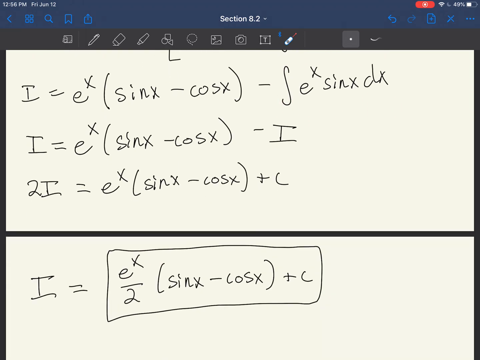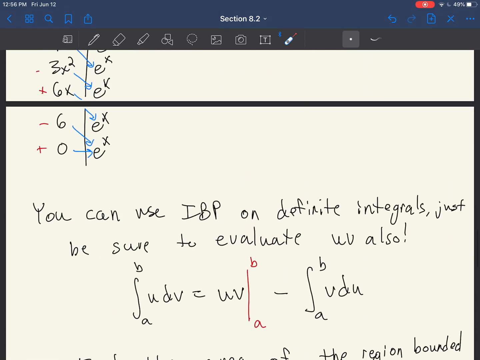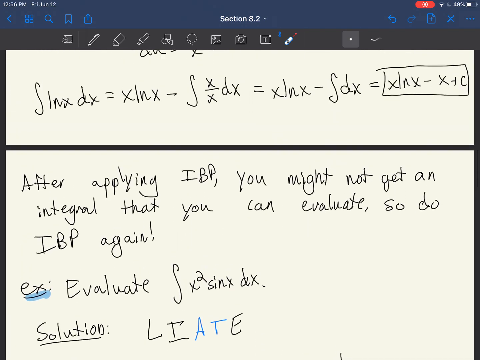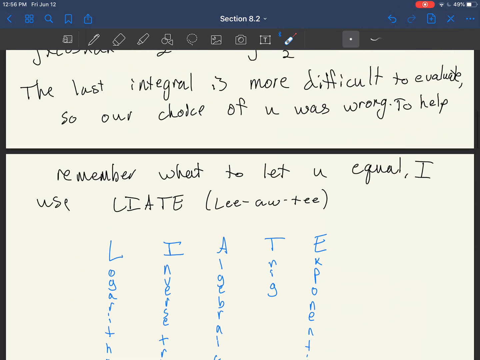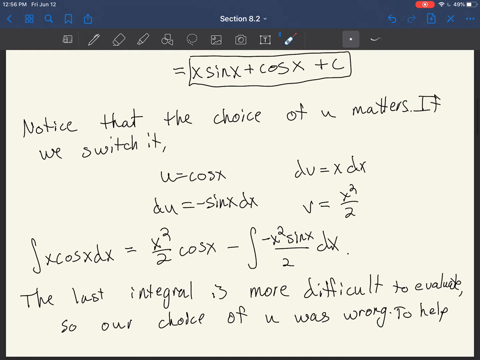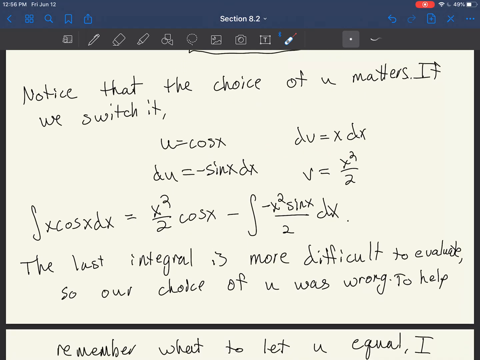Looking back at the very first example that we did, I said, notice that the choice of u matters. We let u equal cosine x and dv equal x dx.